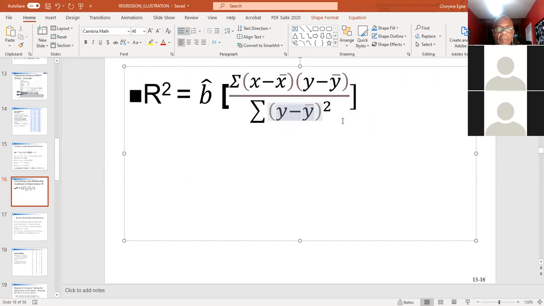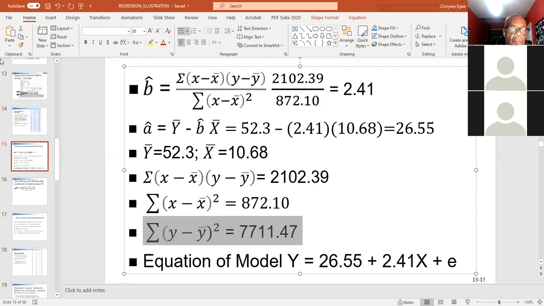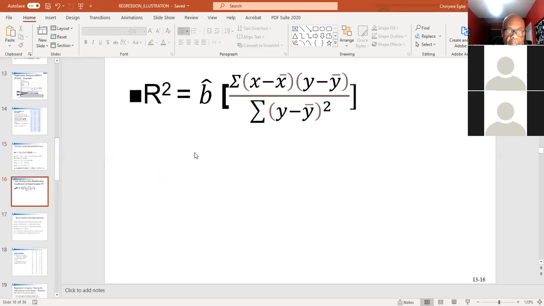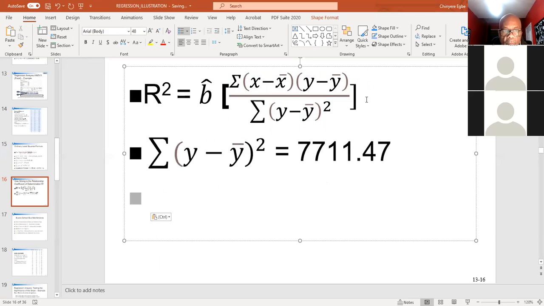So we have all our numbers, and from here we have the summation of y minus y bar squared, put it down here, and the summation of x minus x bar times y minus y bar.